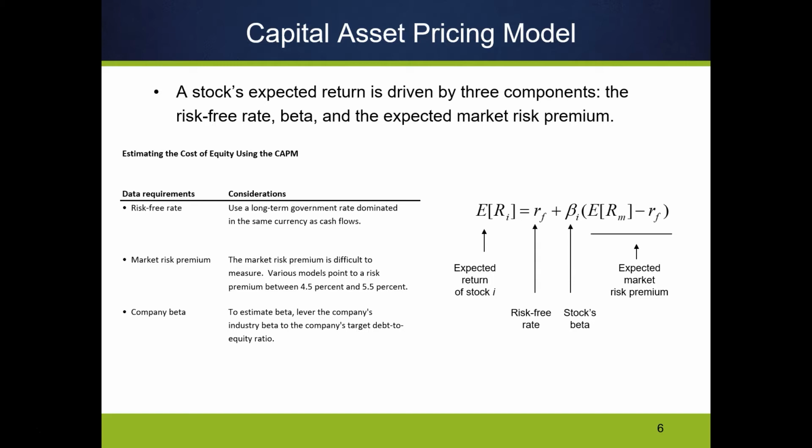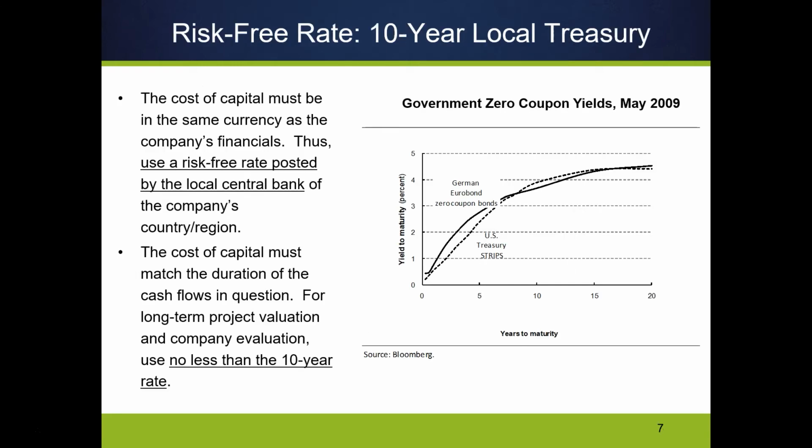We can't observe beta. Beta is an estimate based on the relationship between the return on the market and the return on the stock. So if we're talking about UPS, beta is the estimate of this relationship, how these two things change together.